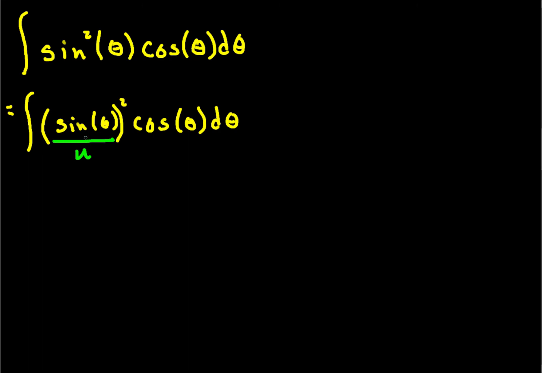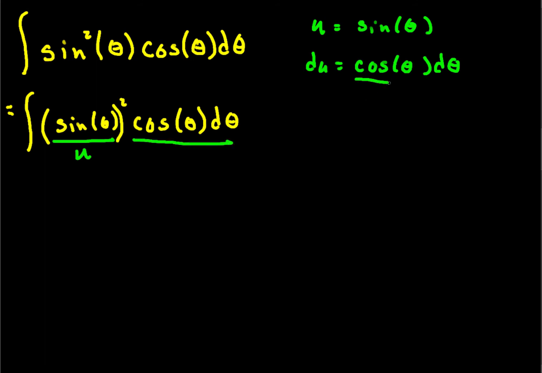Because I've got sine inside of the exponential function. So if I let u be sine of theta, then du, so the derivative of sine is cosine, d theta. And I recognize, oh, that term is right there.